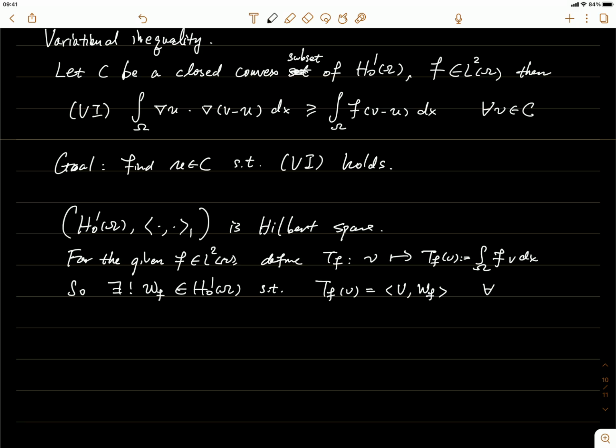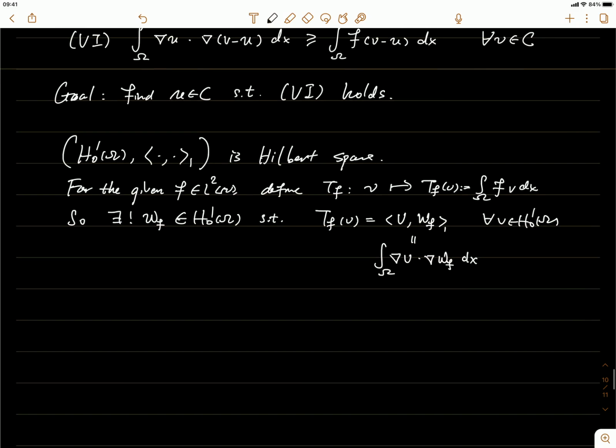So this is true for any v in H01 omega. Remember that this means the integral of the gradient of v times the gradient of wf dx. Okay, that's what this inner product means. We know there exists such a wf.